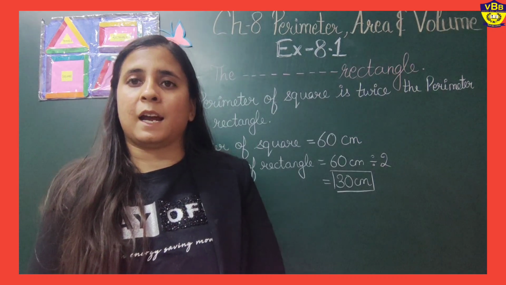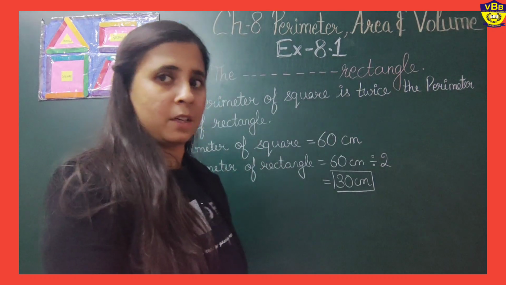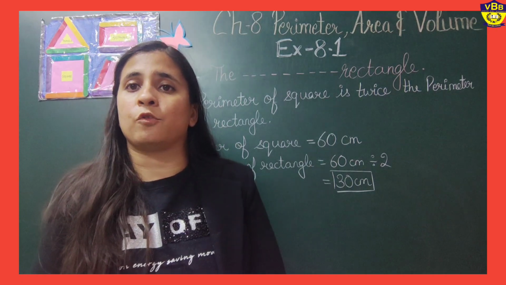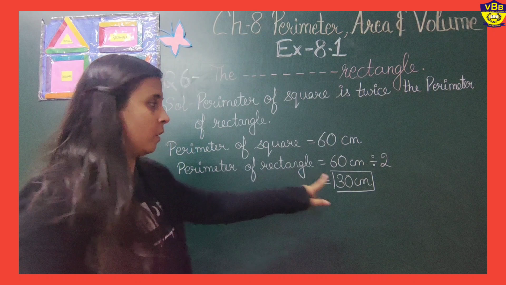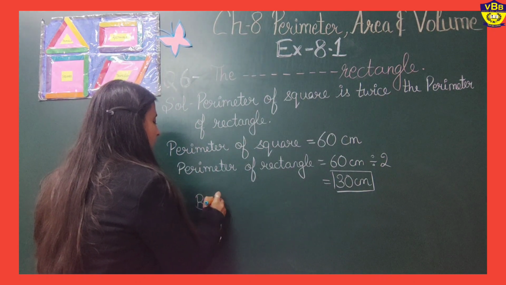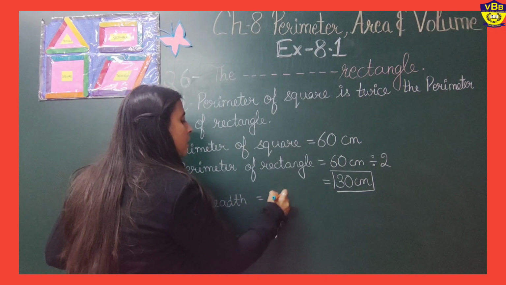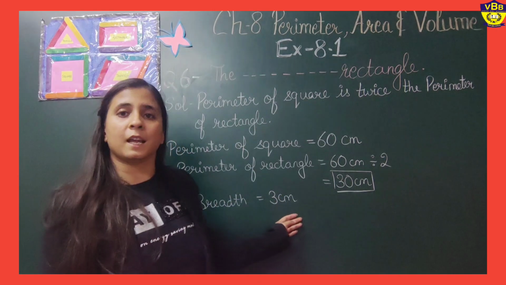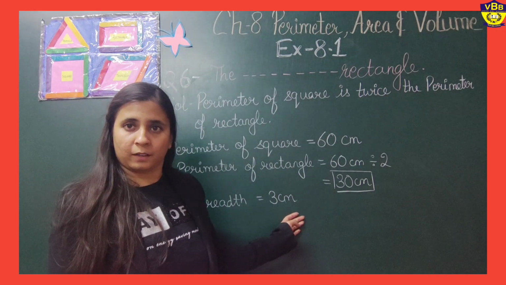Next, they are saying that the breadth of rectangle is 3 centimeter and you have to find the length of rectangle. Perimeter we have found. Now, what they have given? Breadth is given. Breadth is equal to 3 centimeter and they are asking you to find the length of rectangle.